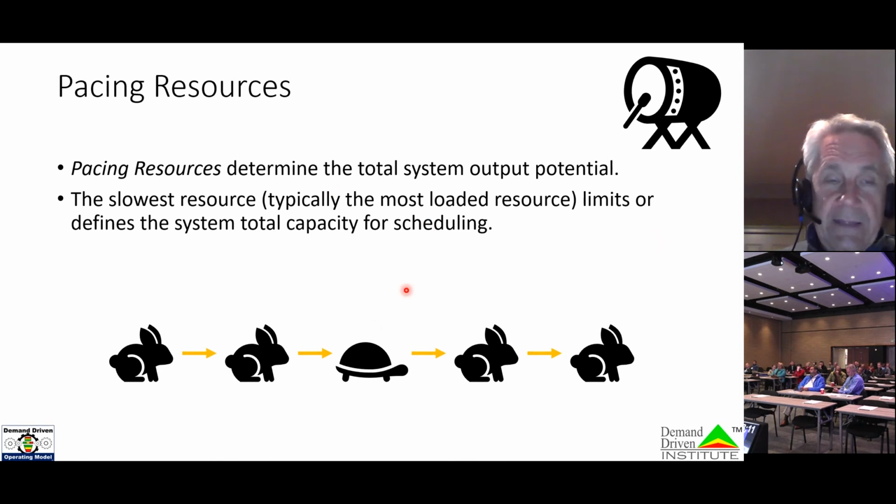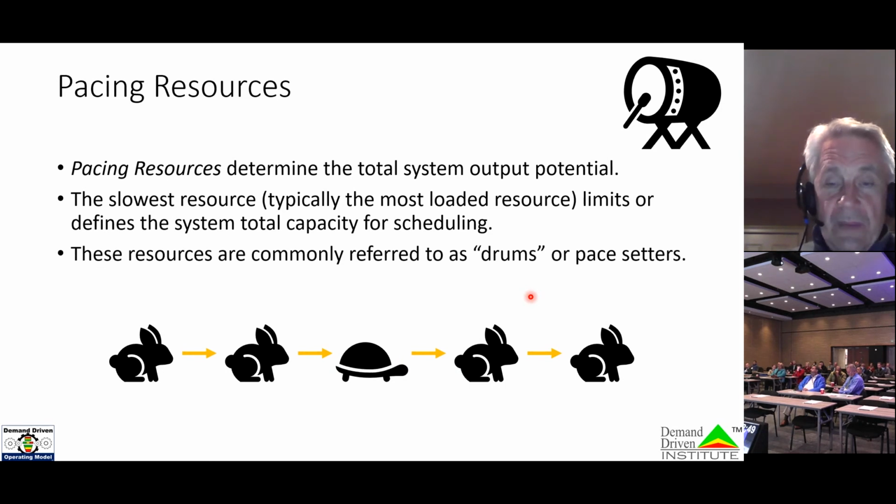And when you apply DDOM and you apply demand-driven capacity scheduling, you're going to be looking to find what are the resources that really are going to help us find the best way to pace our activities. This is the tortoise and hare example, where the tortoise in the middle of this process is really going to dictate the pace of activity through the entire system. So think of them as drums, think of them as pace setters.